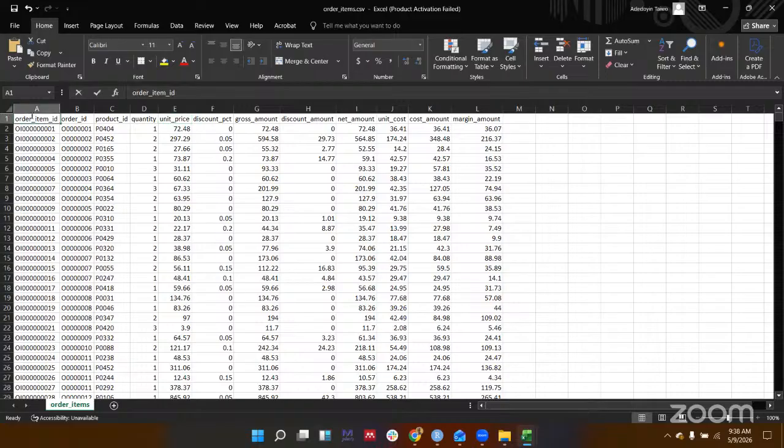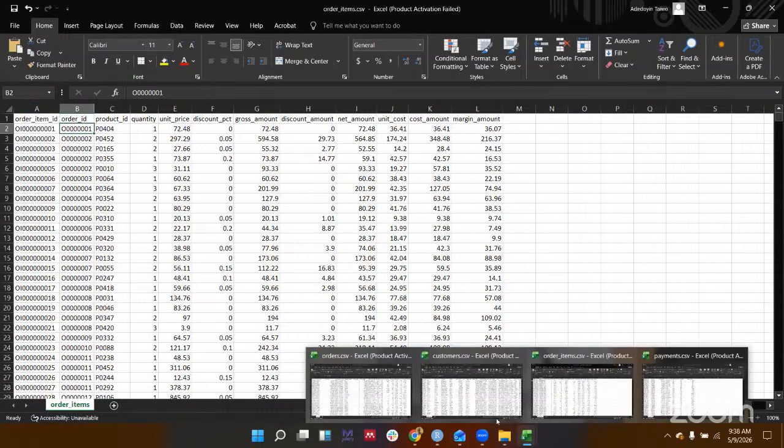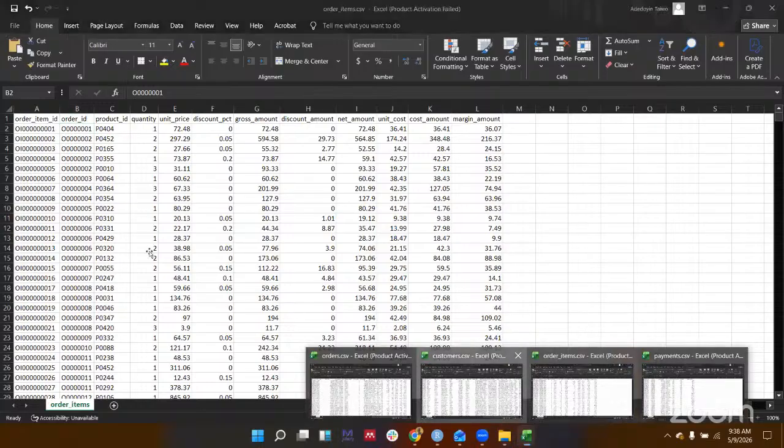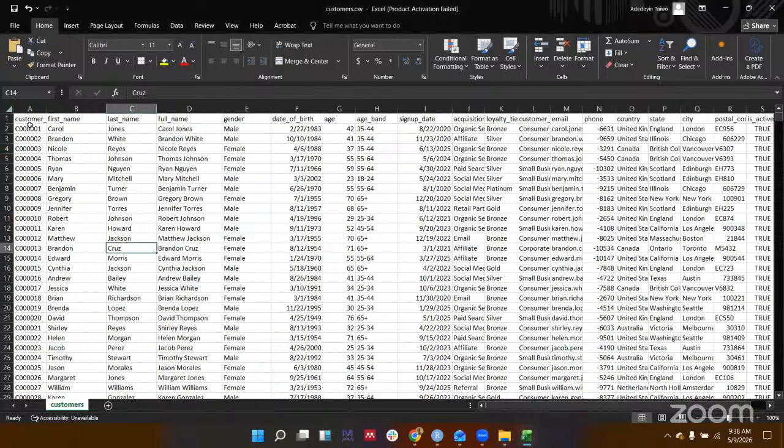That's why on this sheet, you see order item ID, you see order ID, you see other IDs. Okay, let me use customers first. So this is the customers table, the total number of customers that they have. Whenever a customer enters the organization, they put their names and they give them an ID.